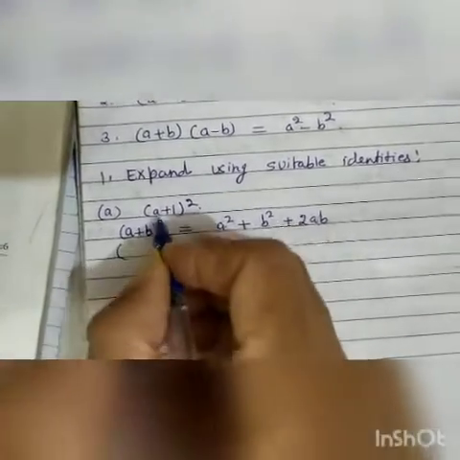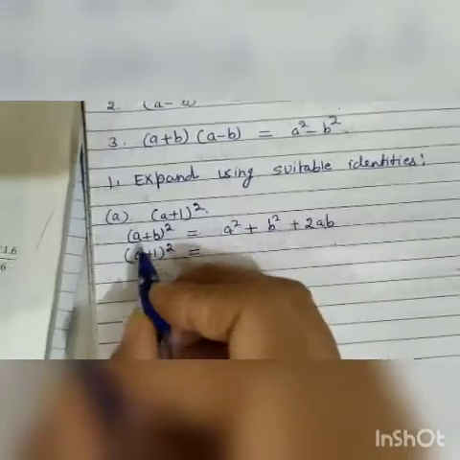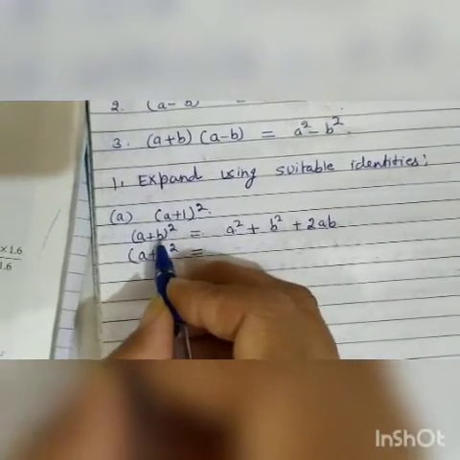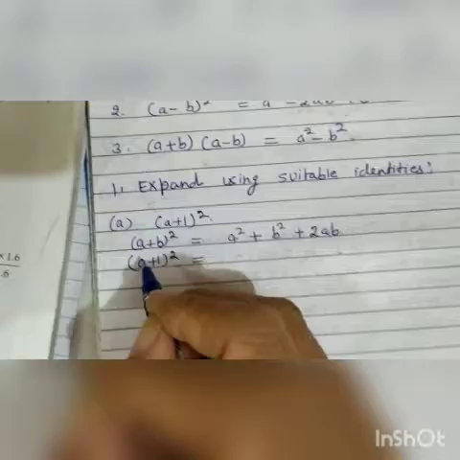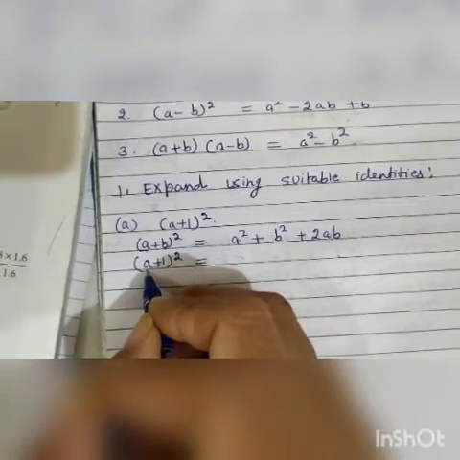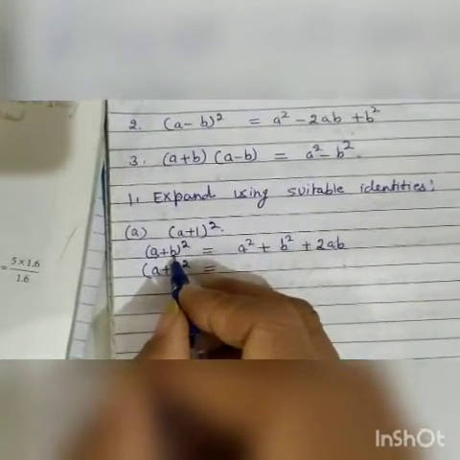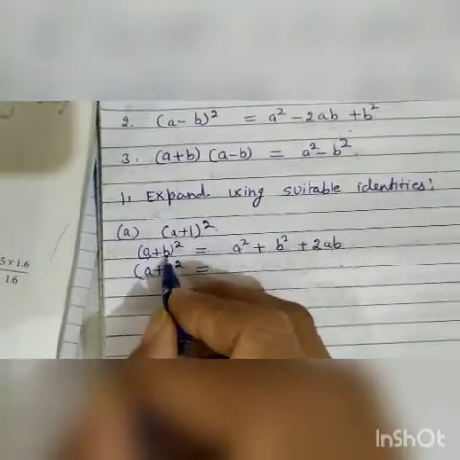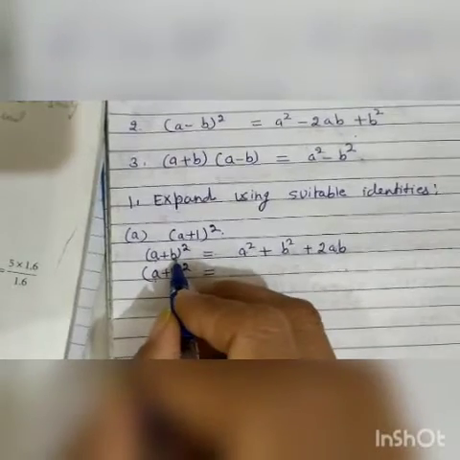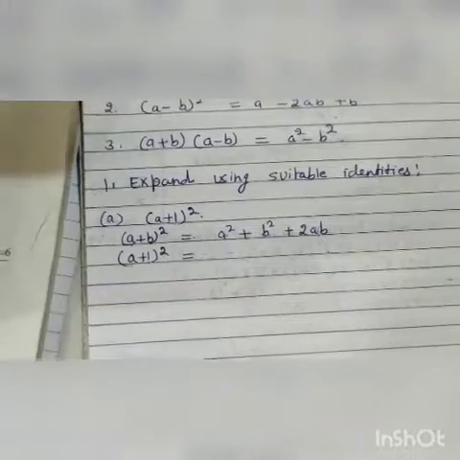Below this we will write the given question, a plus 1 whole square. Now this is our first term and this is second term. Our first term is same. In identity it is a, in question also it is a. But in identity our second term is b, but in question it is 1. So how will we write it?